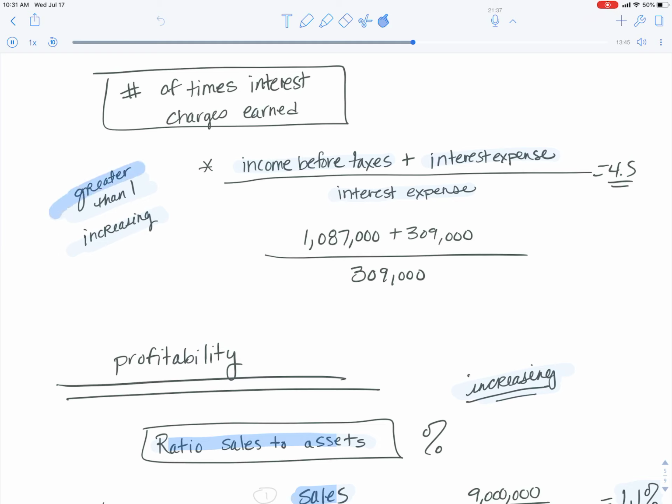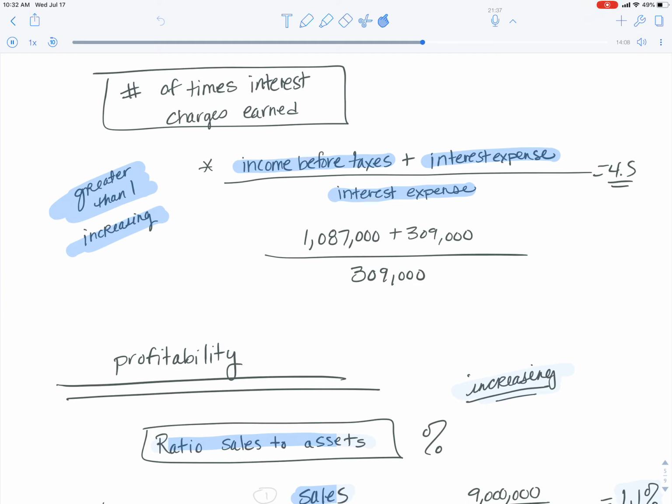And we want this number to be greater than 1 and increasing when we're looking at trends. So you want to take, this is a total, not a balance, off of your financial statements called income before taxes, and add back interest expense, and then divide it by interest expense to get your answer.